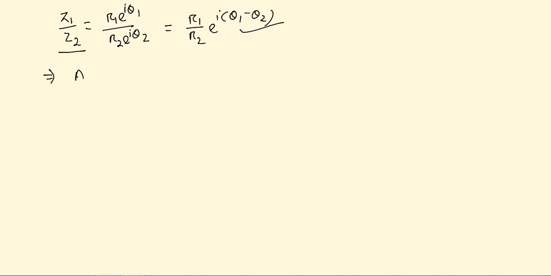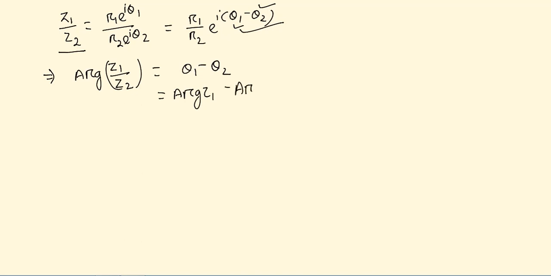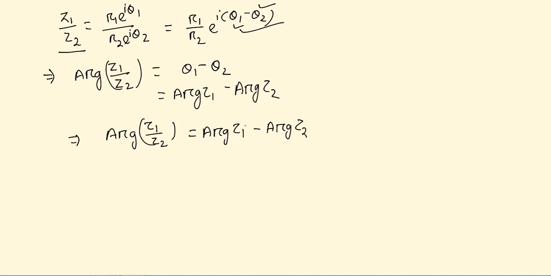Hence we can write argument of z1 upon z2 equal to theta 1 minus theta 2. Here theta 1 is the argument of z1 and theta 2 is the argument of z2. So this is also an important result. You have to remember.